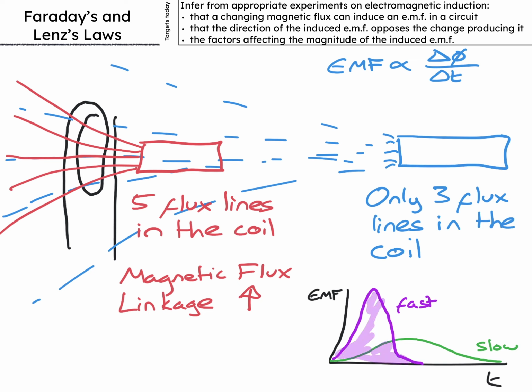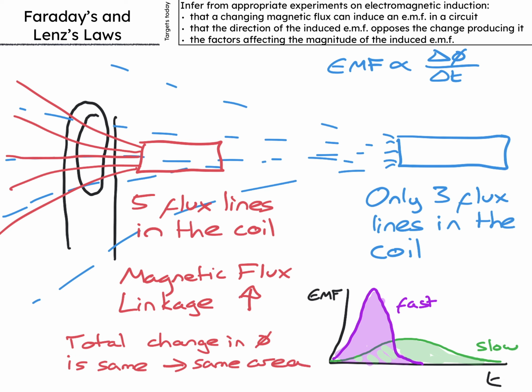The time is less, but the peak EMF is higher. Since the total change in magnetic flux linkage is the same though, we actually get the same area under the graph for both of these, which is something you might like to explore experimentally.